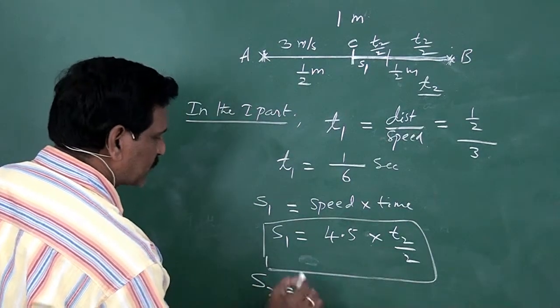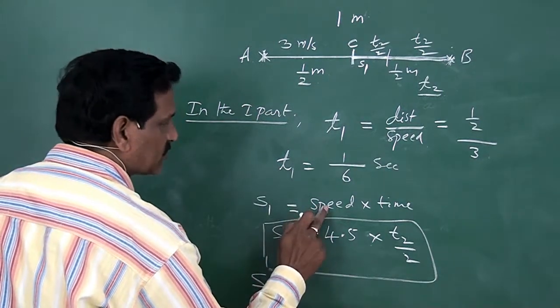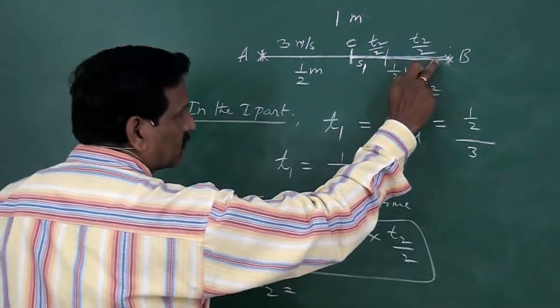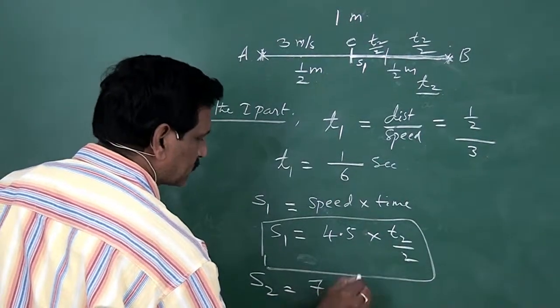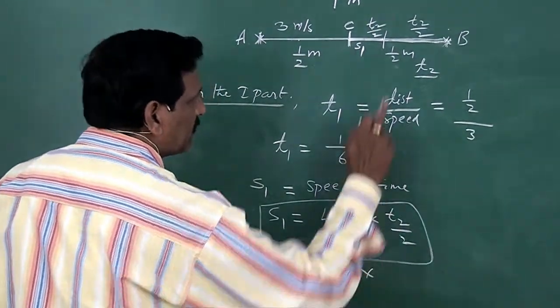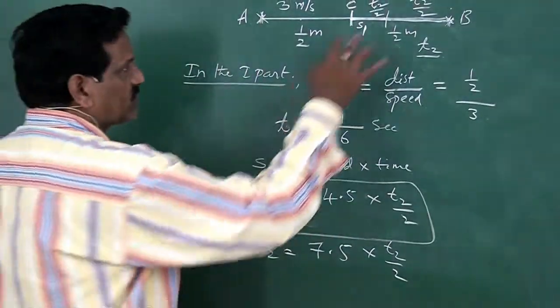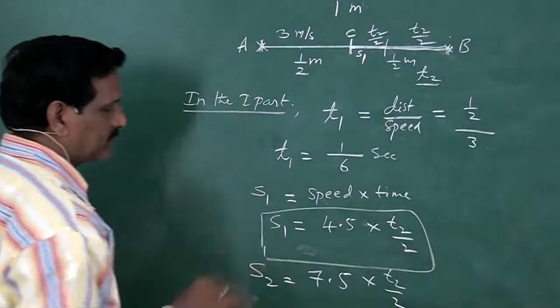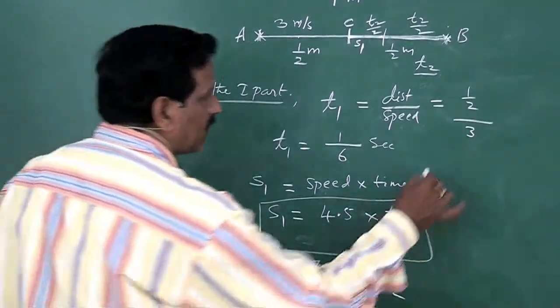Similarly, you find S2. S2 equals speed into time, same formula. Speed in the second part is 7.5, so 7.5 into time T2 by 2, because these two times are the same. So S1 and S2 we have calculated.